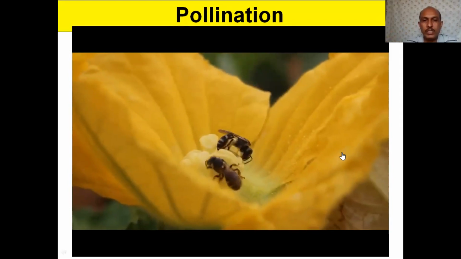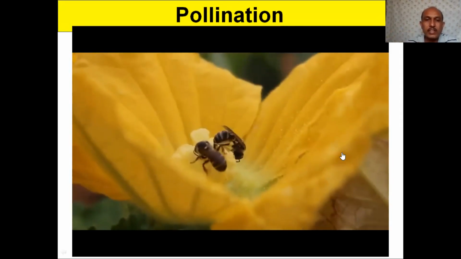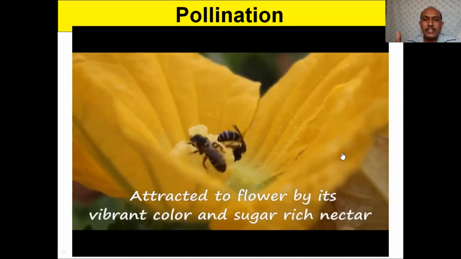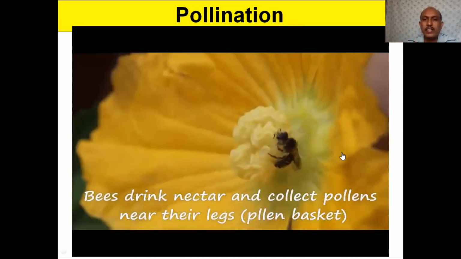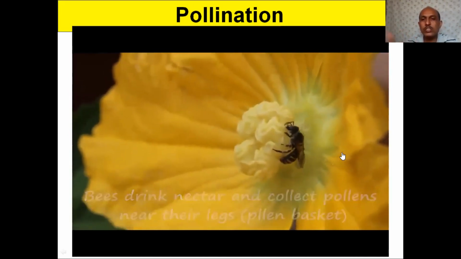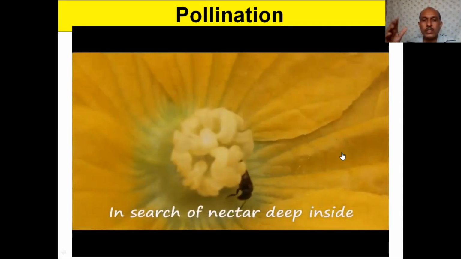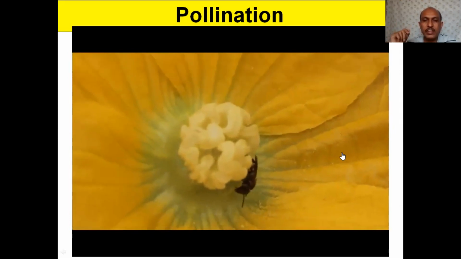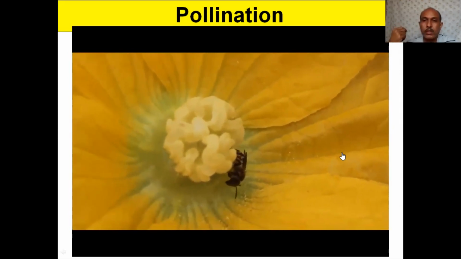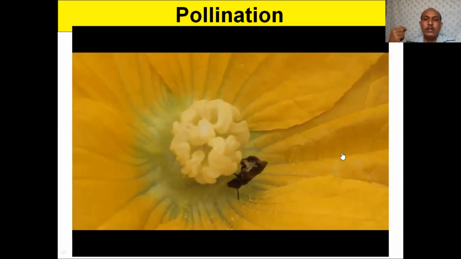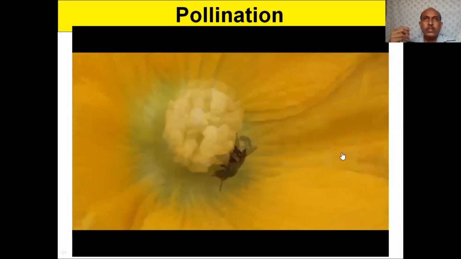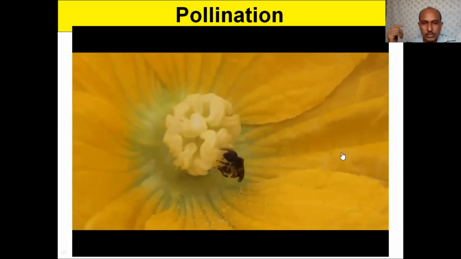Okay, see, bees, honeybees. They search for nectar, attracted by its vibrant color. They carry the pollen grains to the stigma here. In search of the nectar they keep going inside. Okay, so this is honeybee, that is insect pollination.